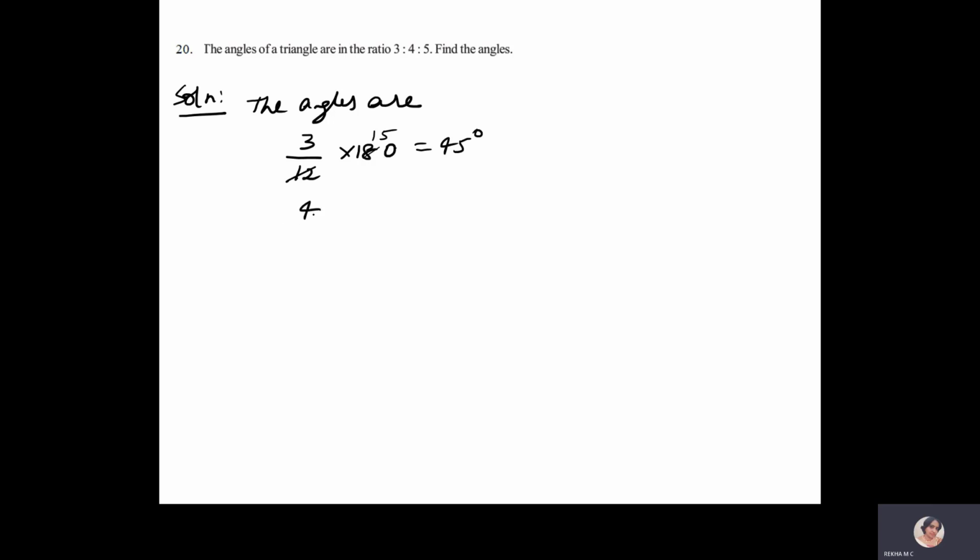Then the second one, 4 divided by 12 into 180, that is equal to 60 degree, 15 into 4. Then 5 divided by 12 into 180, 15 into 5, 75 degree.